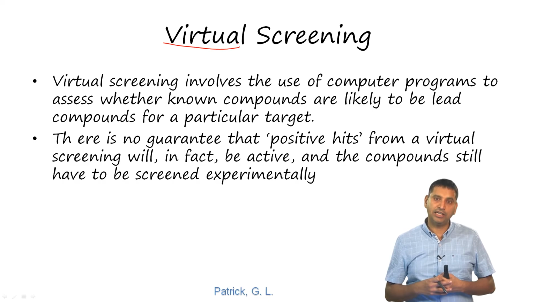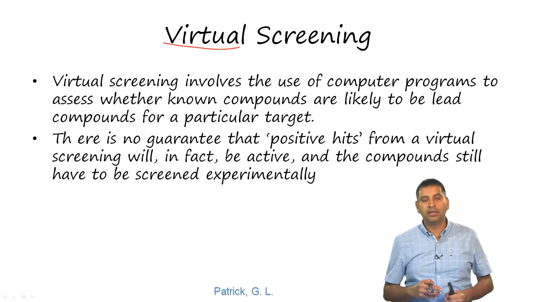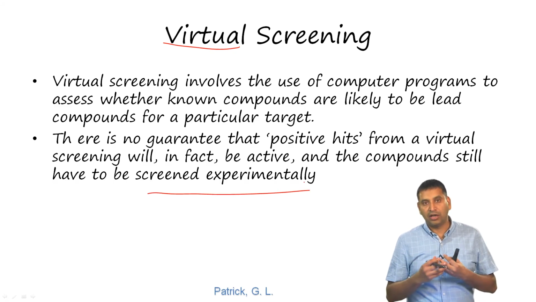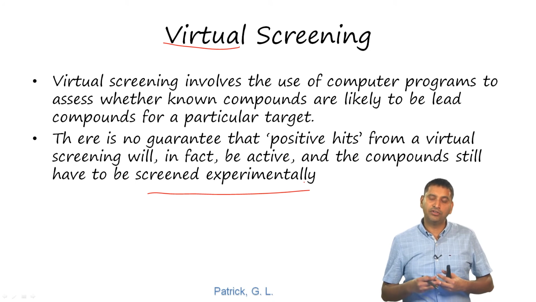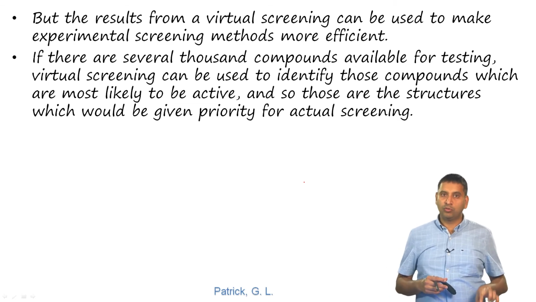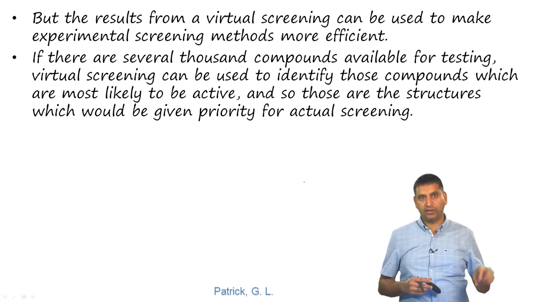Of course, there is no guarantee that positive hits from a virtual screen will in fact be active, because the compounds will obviously have to be screened experimentally, but this allows for identification of potentially new lead compounds. So, the results from a virtual screening can be used to make experimental screening methods more efficient.